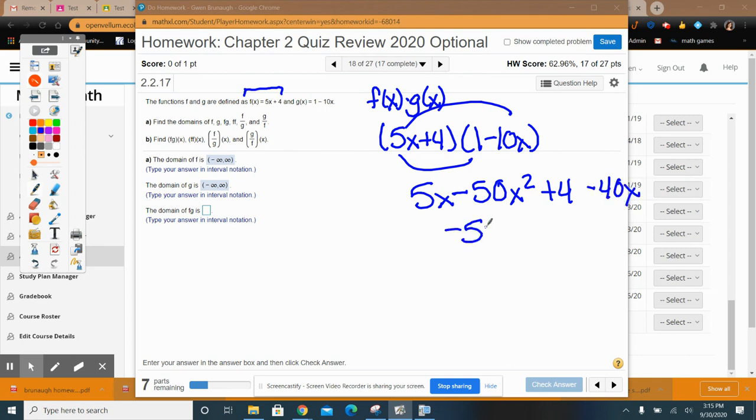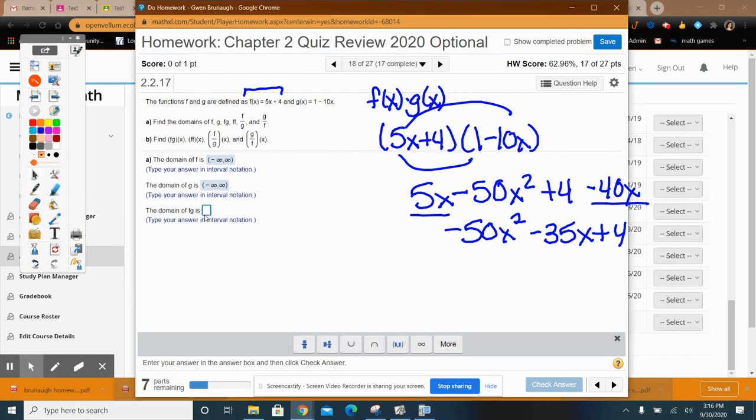Clean it up. Negative 50x squared, 5x minus 40x, that's negative 35x plus 4. That's what the answer is going to be. They're going to ask me that later. And the domain has no risks, so that is also negative infinity, positive infinity.